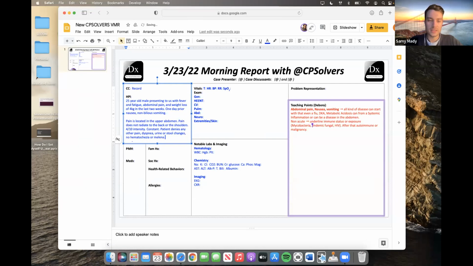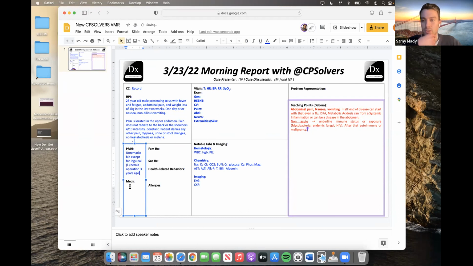His past medical history is basically unremarkable except for an inguinal hernia operation on the left side 3 years ago. For medications, he took ibuprofen 4 times 400 milligrams a day since 1 week.